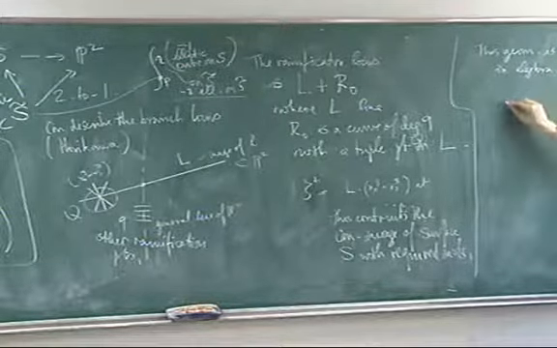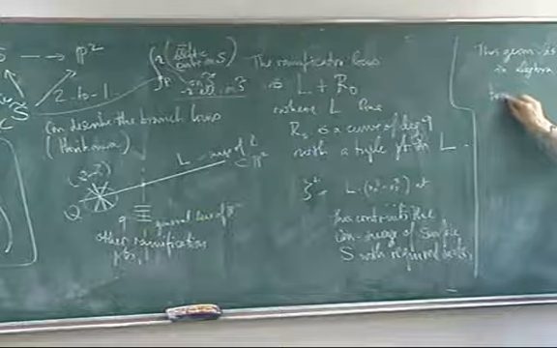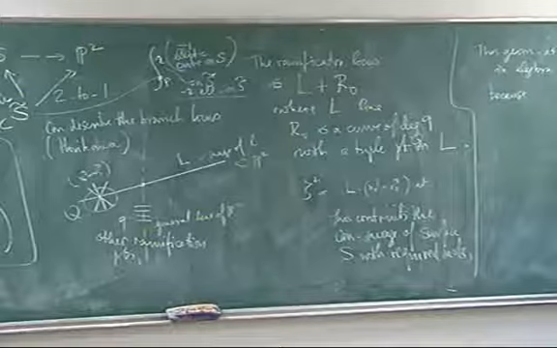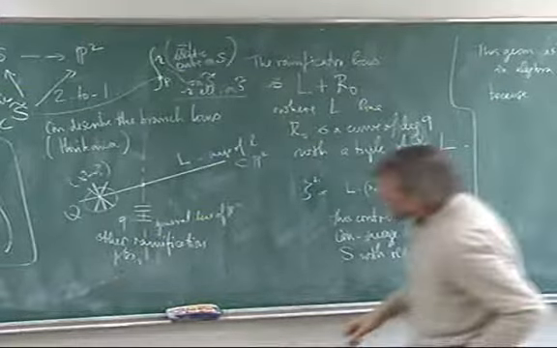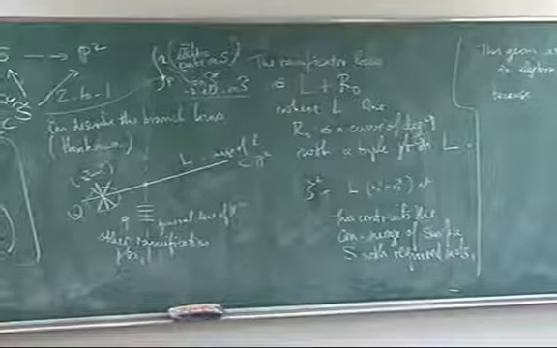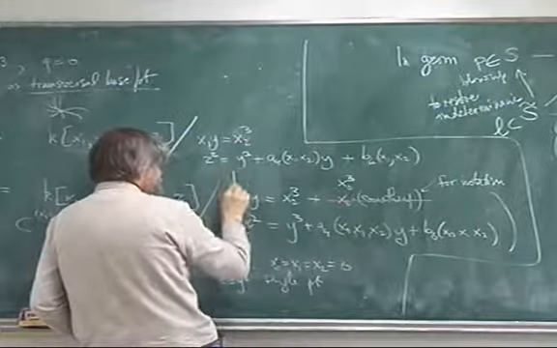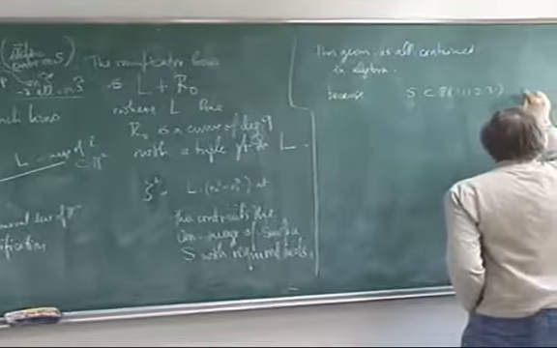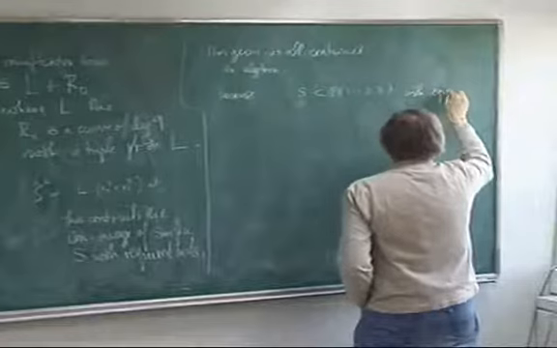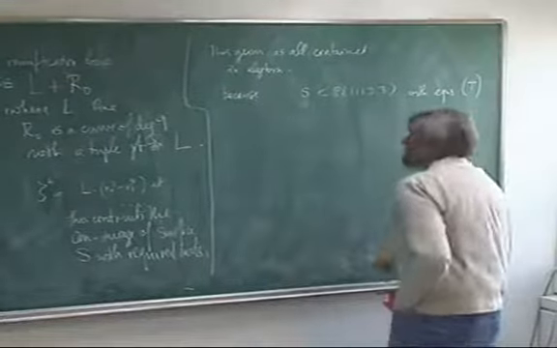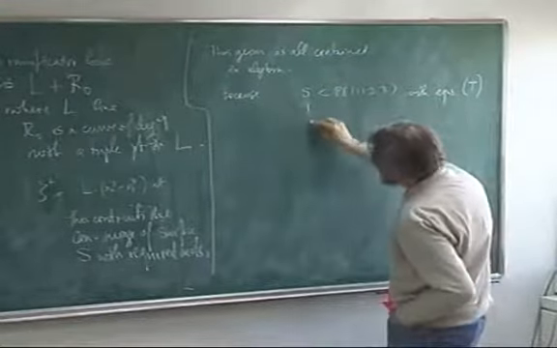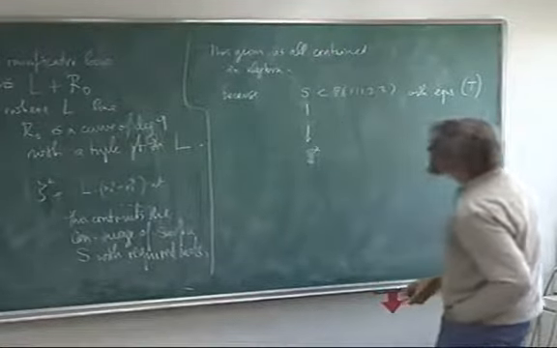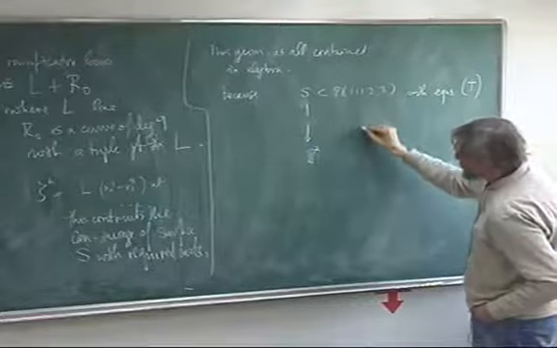Namely, because I've got this S contained in P(1,1,2,3) with these two equations written here. What happens if I try to map this to P2 by the canonical map?